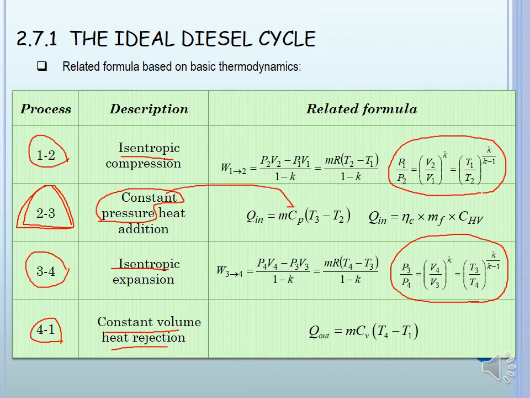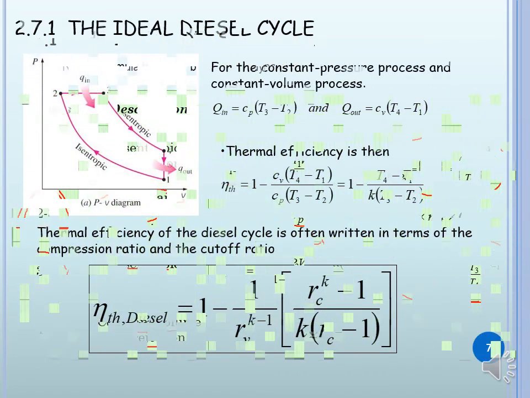And therefore the formula is exactly the same, but for specific heat we will use CP, not CV. CV is for constant volume, but CP is for constant pressure. So please be extra careful in the diesel cycle.